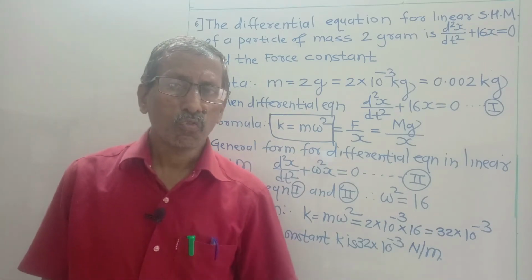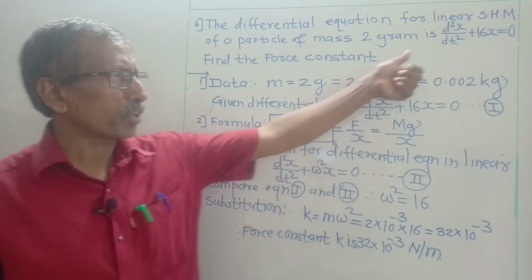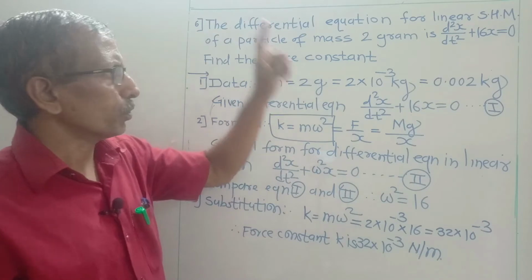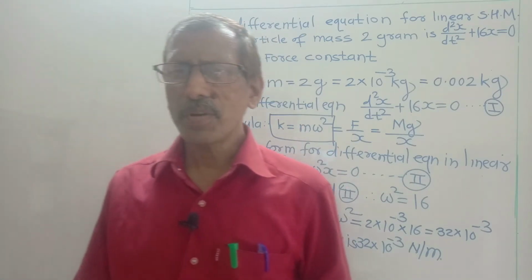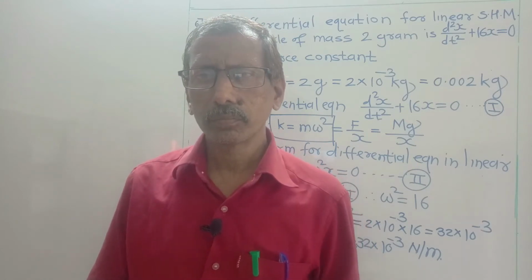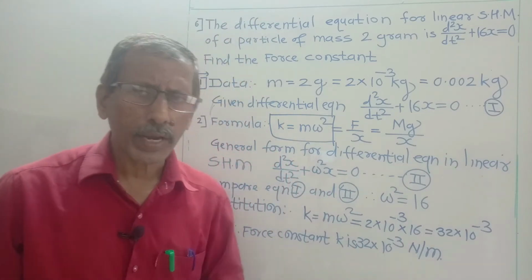So we can also find the value of k when the differential equation is given. This problem can be solved in a very simple manner when you practice again and again. What do we have to find?